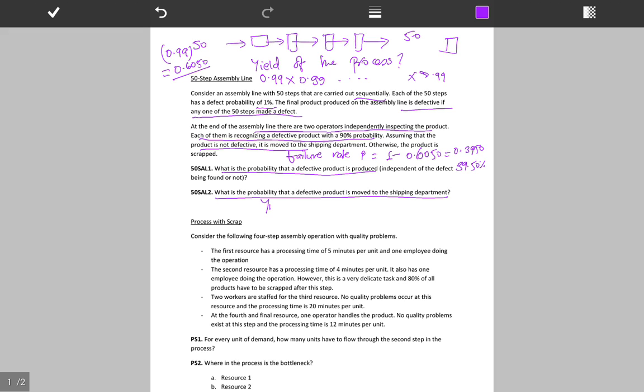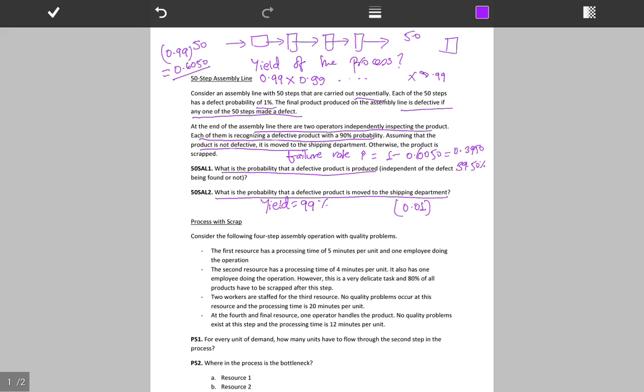Here the yield for each guy is 90%, but this is not like the previous scenario where for it to be correct it has to be correct everywhere. Just one person has to catch it, then it's fine, right? So now the chance of them not catching a defective product is 0.1, right?